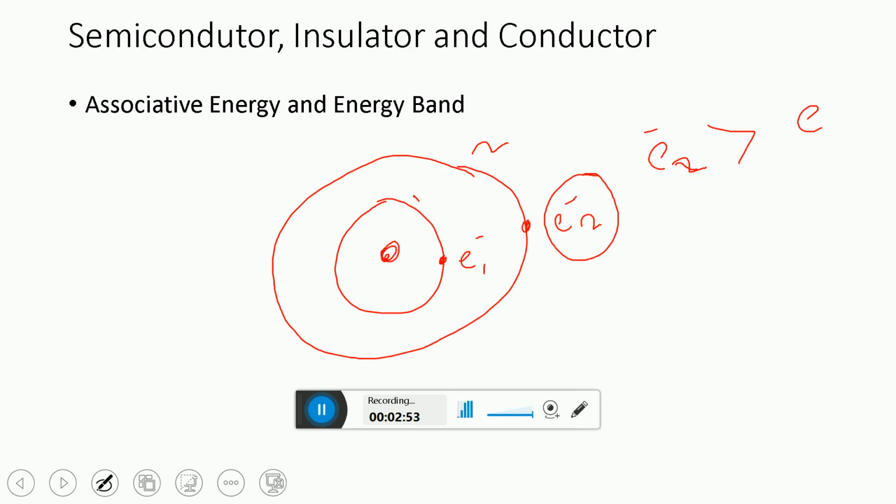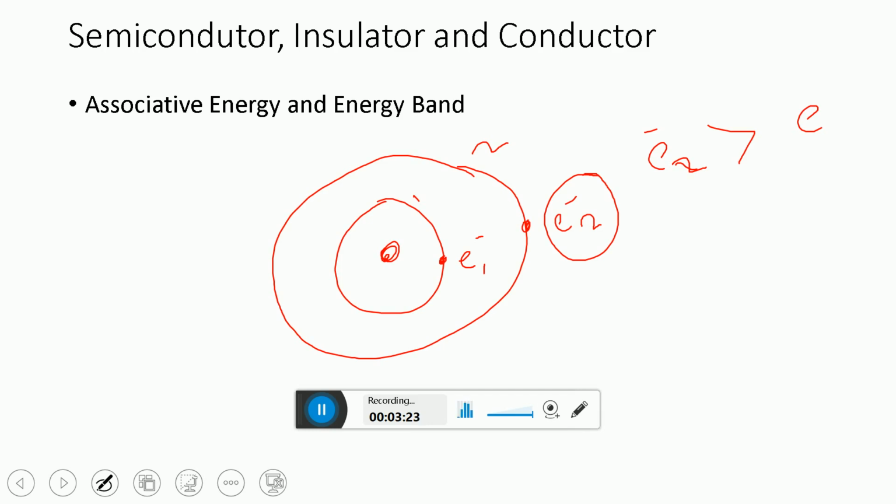We know that there are millions and billions of electrons present in a material, so we have to calculate the energies. On the basis of an individual atom, we cannot have a figure which represents the actual energy levels, so we categorize the energy by the number of shells.